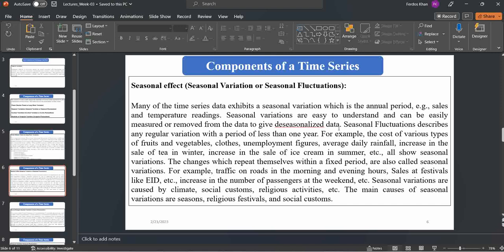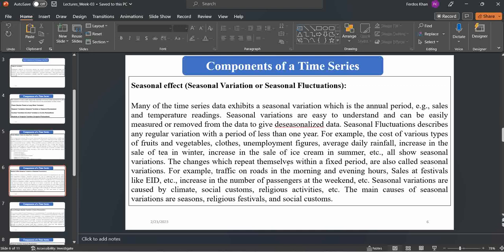Seasonal fluctuation describes a variation with a period of less than a year. This should be less than a year, of course. For example, the cost of various types of fruit and vegetables, clothes, unemployment figures, average daily rainfall, an increase in the sale of tea in the winter, an increase in the sale of ice cream in the summer, etc.